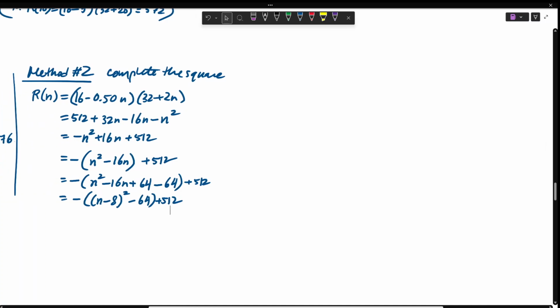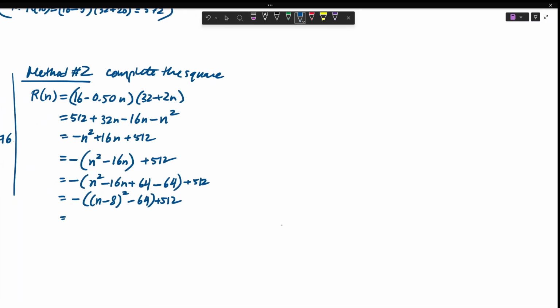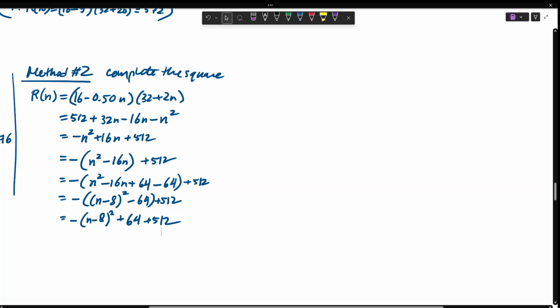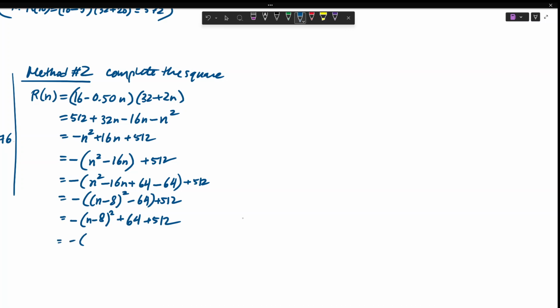Let's make a little more space here. So this is going to be negative n minus 8 squared. Remember to distribute the negative. So it's plus 64 plus 512. And you're going to get negative n minus 8 squared plus 64 plus 512, which is 576.